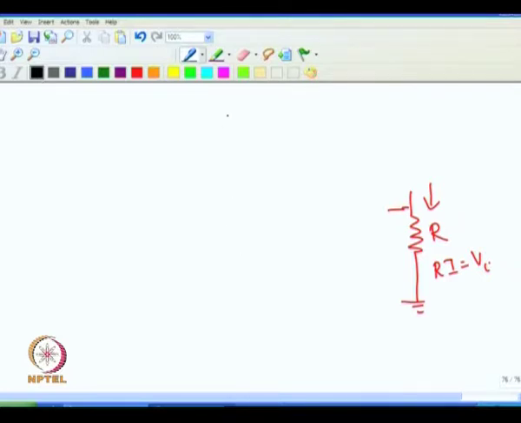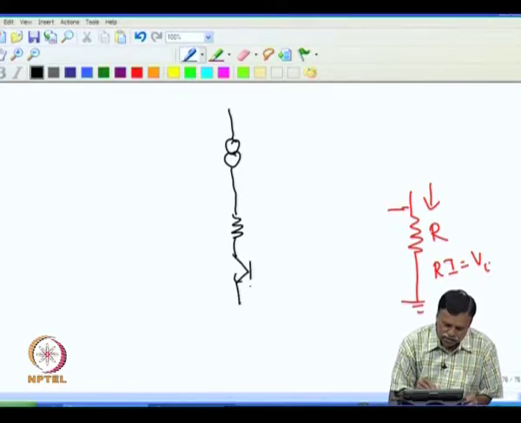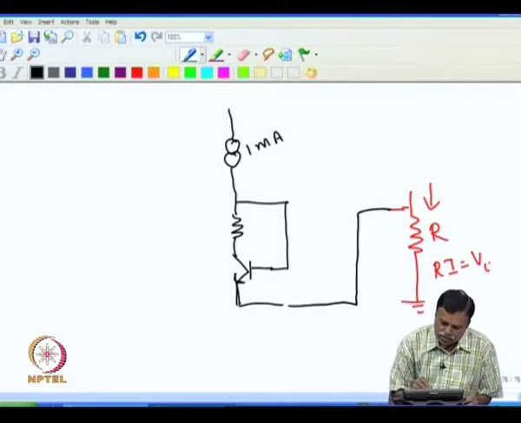For example, if I have a constant current source, then I connect one transistor, and connect the base to this. And assume that this current is very small, say 1 milliampere. Then I connect this to this.